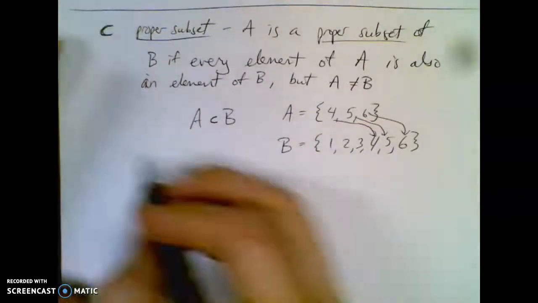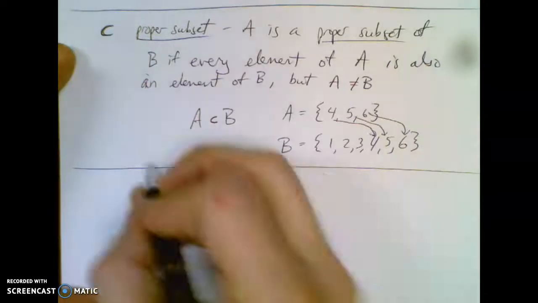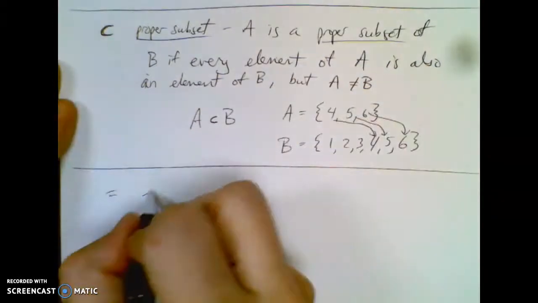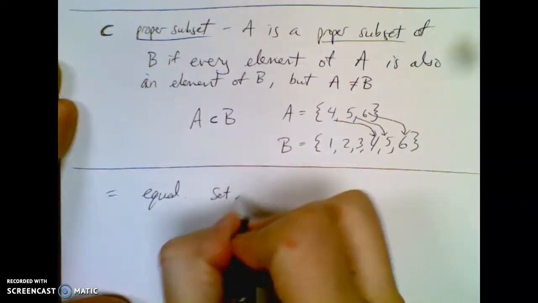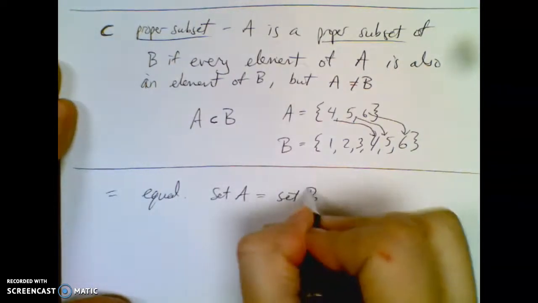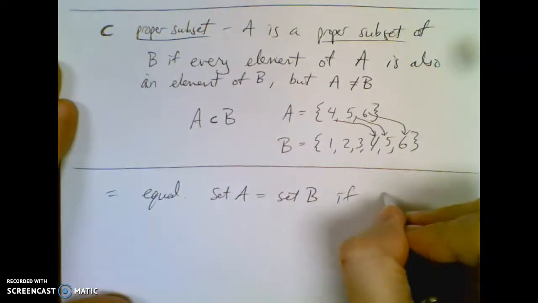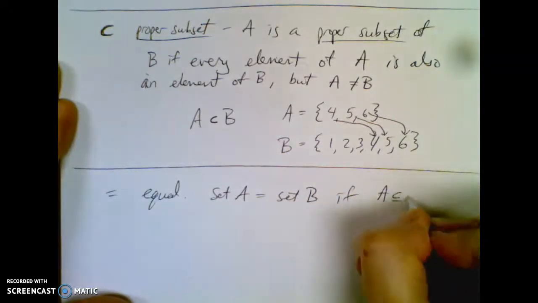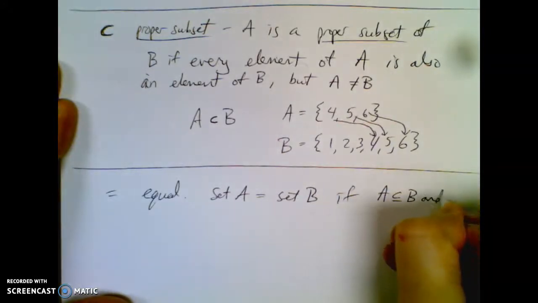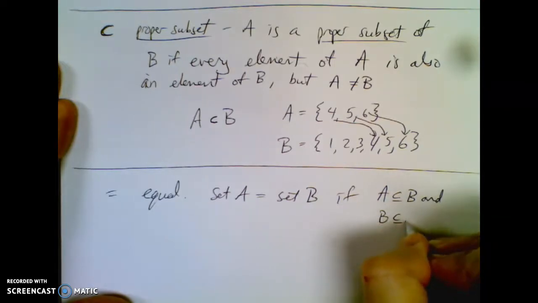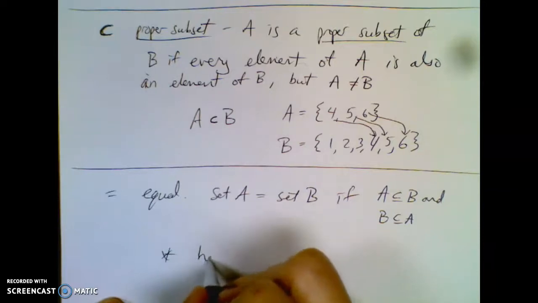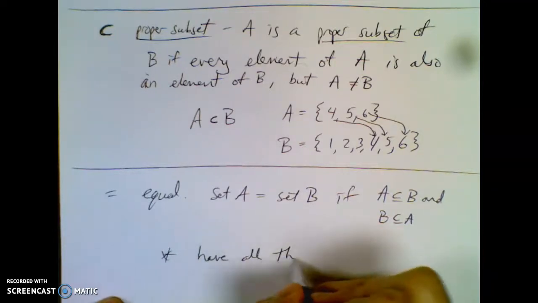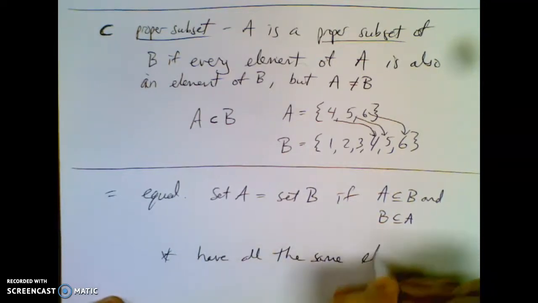So if we talked about subset and proper subset, we haven't talked about equal. Set A equals set B if A is a subset of B and B is a subset of A. Which means they have all the same elements.